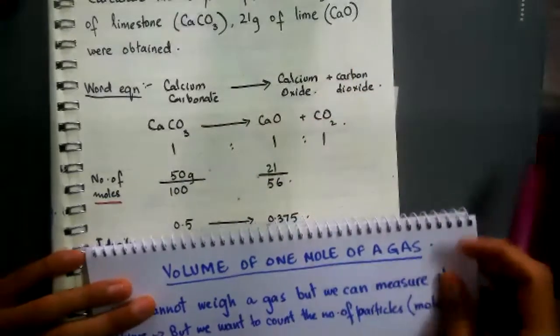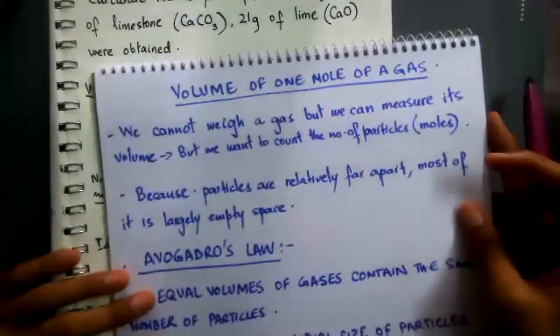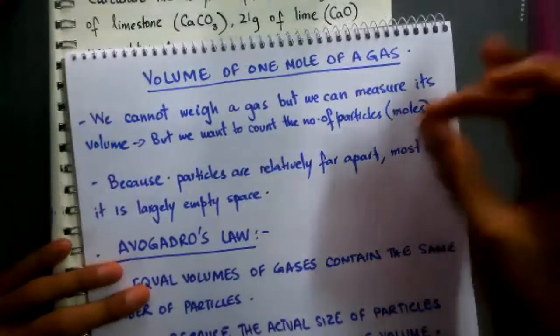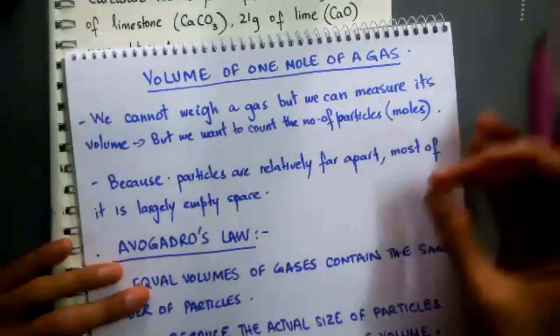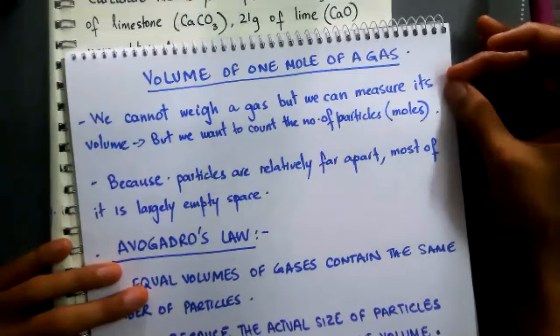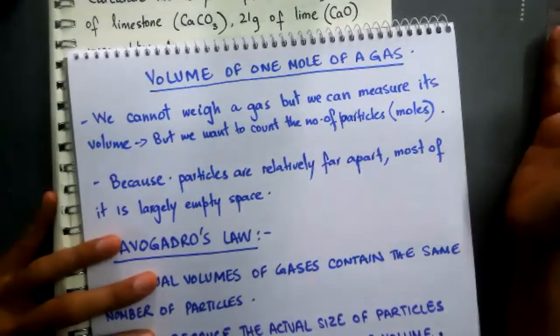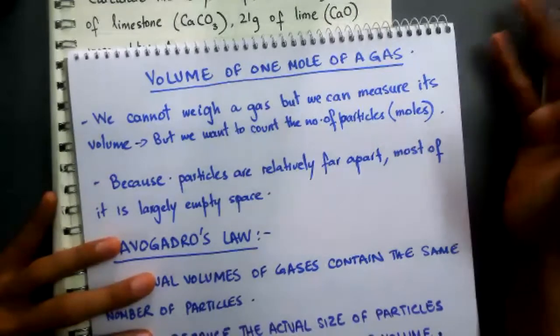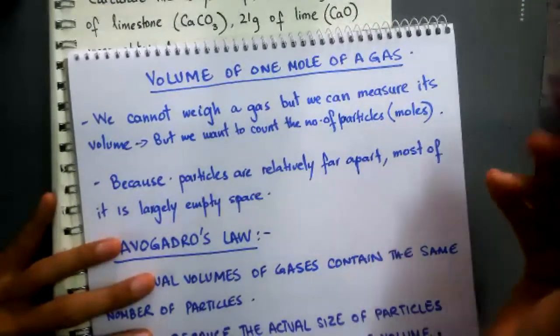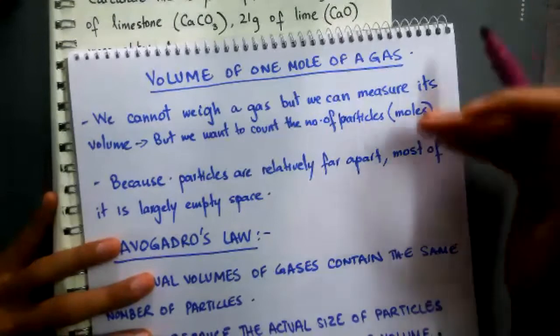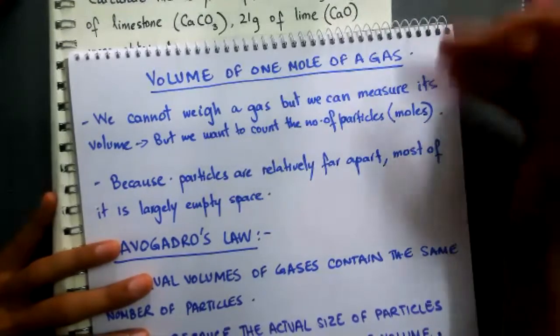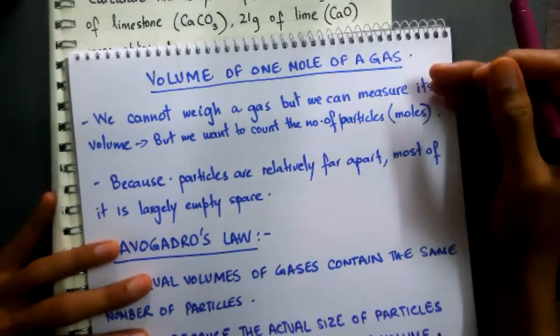So we are interested in counting the number of particles. Now, if we cannot weigh gases, and we can only measure their volume, then how can we translate the volume into the number of particles? How will we know how many particles are there in a particular volume?